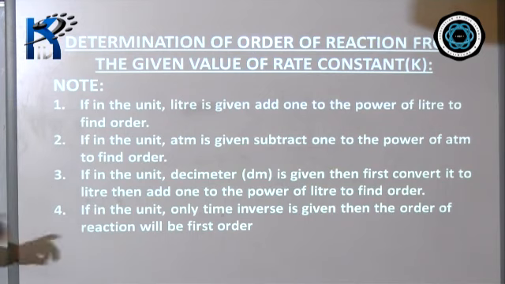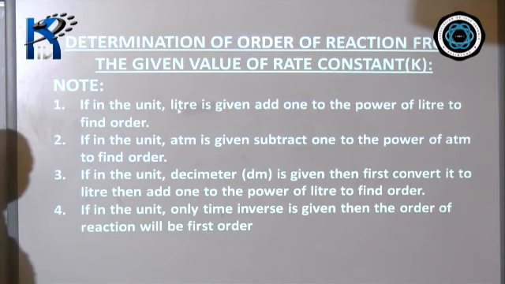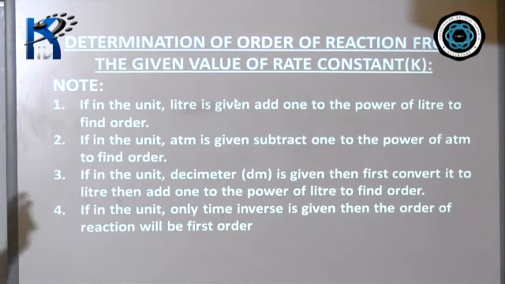Note number 1, 2, 3, 4. So whenever the rate constant value is given from which you have to determine the order, you need to remember these 4 points. Number 1, if in the unit liter is given, forget about the value of rate constant, focus on unit. Forget about the value, just focus on unit.